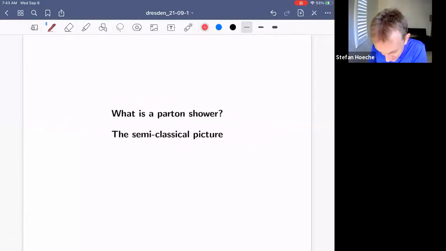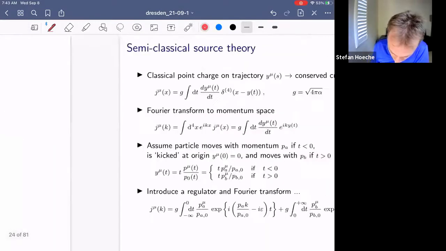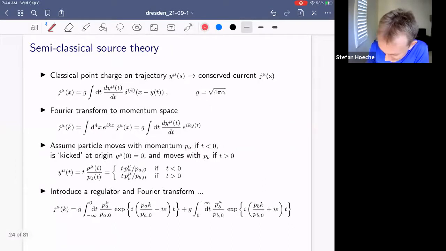What is a Parton shower actually? Let's take a more fundamental approach. Let's say we take a classical point charge that moves on a trajectory, which I parameterize as a point in space-time as a function of a line element s, and I will turn this line element into a time.